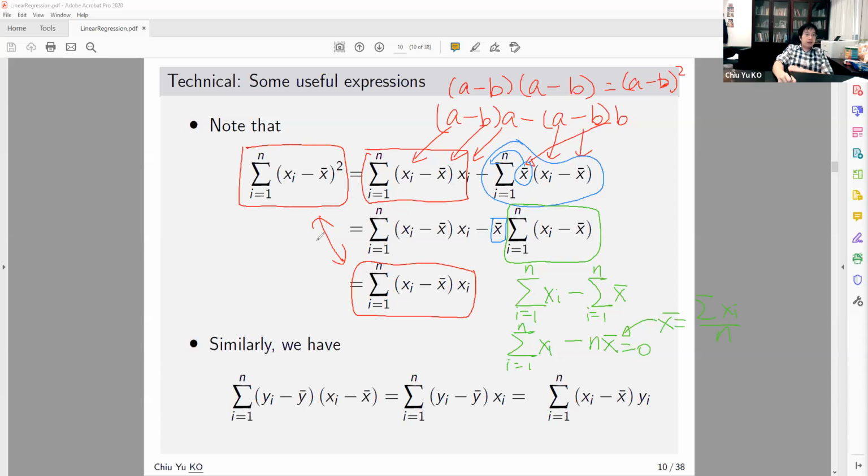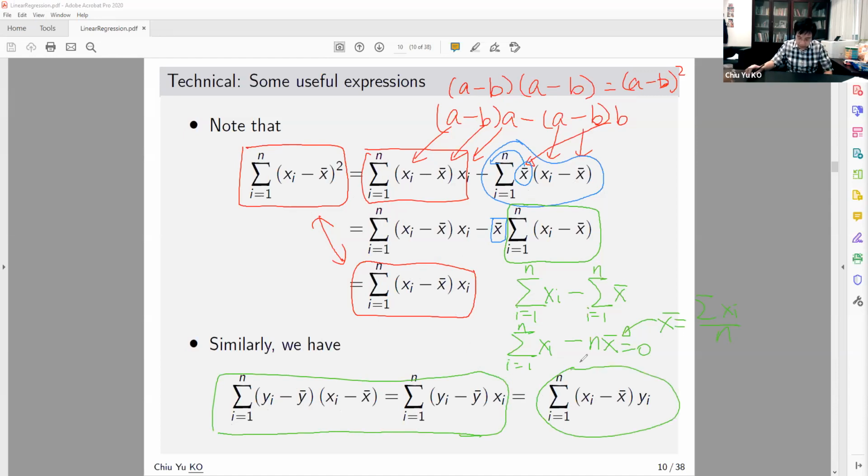If you replace xi with yi, everything remains unchanged and you should be able to show that this is the same. Or you can rewrite it in this form with the same idea; you can just swap x and y. This will be helpful for some of our proofs later. But that is the proof for our formula.